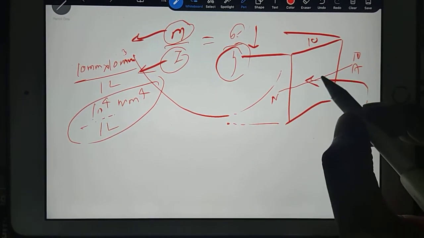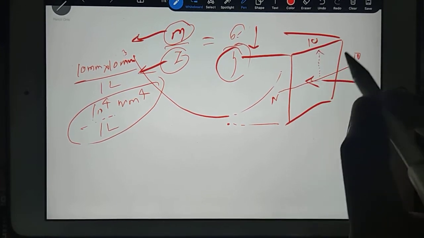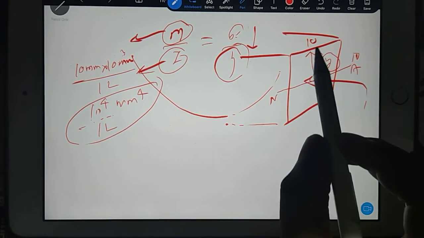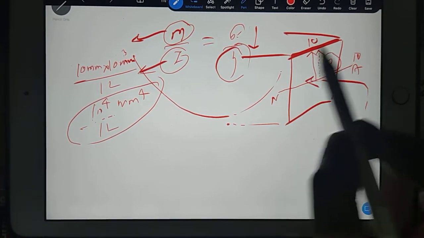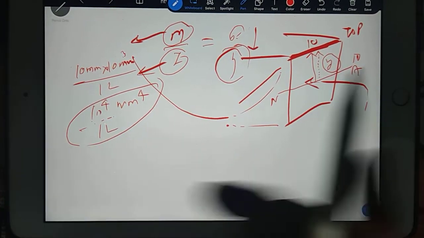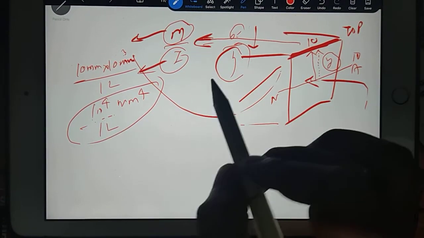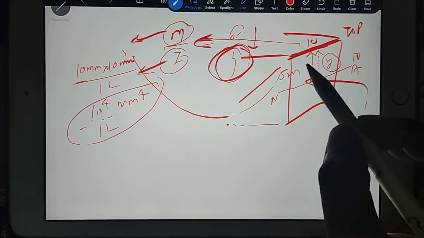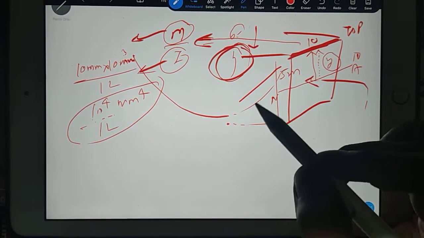From the neutral axis, whatever distance you measure, that distance is your Y distance. They are saying from the neutral axis you have to go to the top fiber, because point A is located at the top. So the Y value is nothing but 5 mm. Because total is 10, so Y is 5.